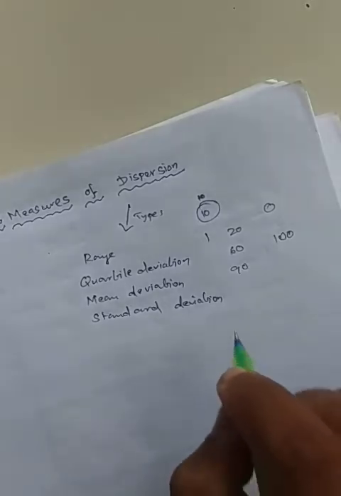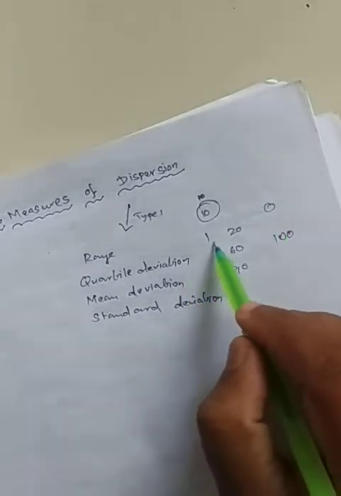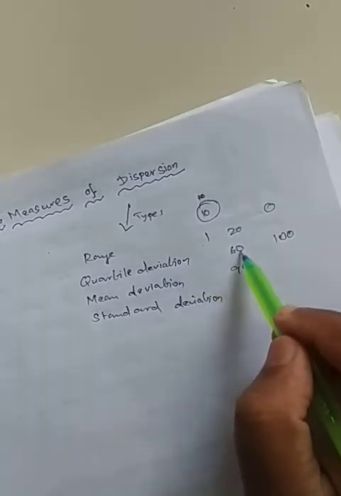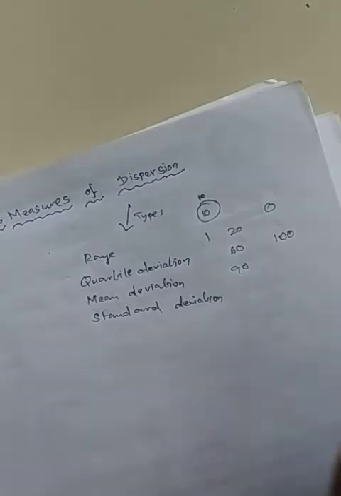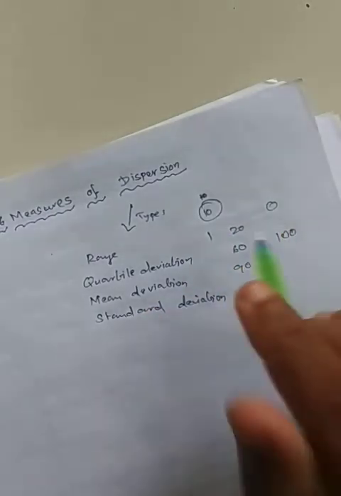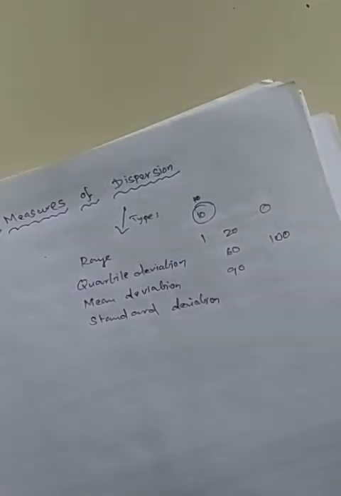Likewise the data is there. You can see the wide spread from 1 to 100. So there is a gap from 1 to 20, another gap from 20 to 60, 60 to 90, and 90 to 100. This gap is what we call dispersion. Data is scattered. There is no closeness.